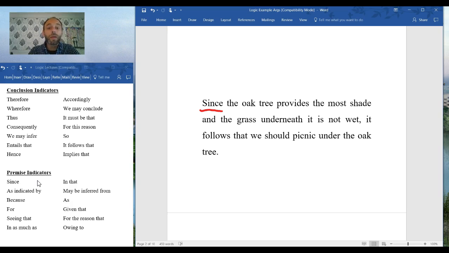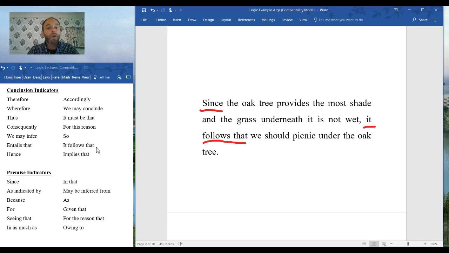So we have two statements that come after that. The oak tree provides the most shade. And the second statement, the grass underneath it is not wet. So those are likely to be premises. Then we look for more indicator words, and we get this phrase, it follows that. And we look at our chart of indicator words, and we see that it's one of the conclusion indicator words, so the information that comes after it follows that is likely to be the conclusion.